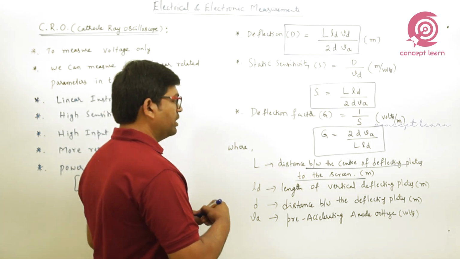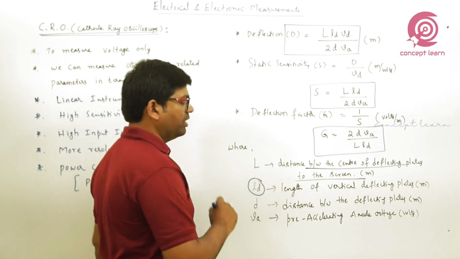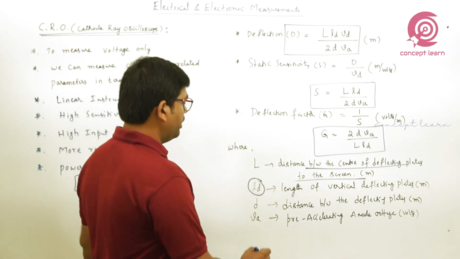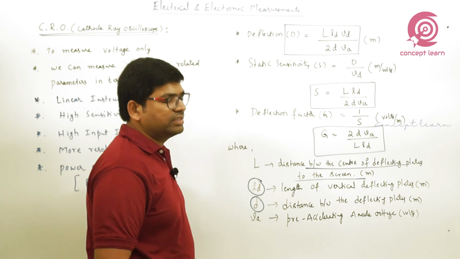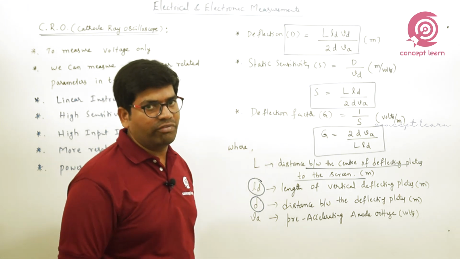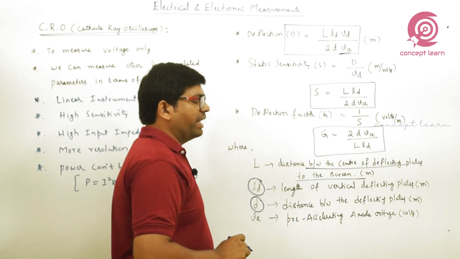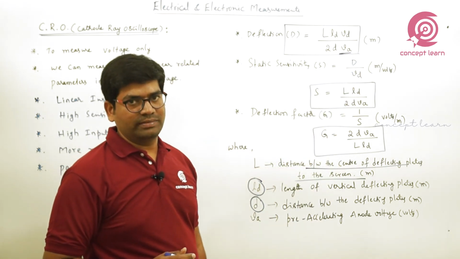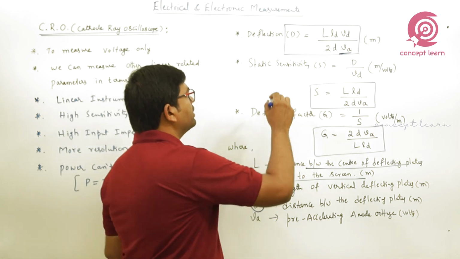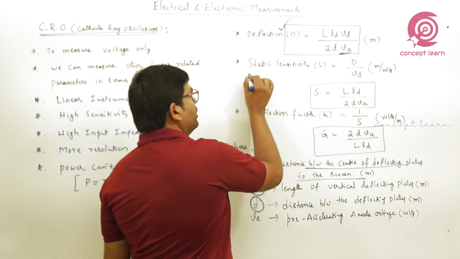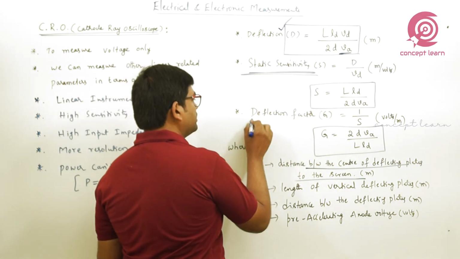So the length of the vertical deflecting plate is indicated with L suffix D. And small d is the distance between the two vertical deflecting plates. What is V_A? V_A is the pre-accelerating anode voltage.